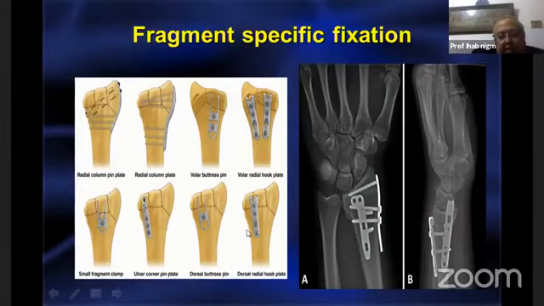And these are some examples also of the dorsally applied special implants. You have to have the full set when doing this fragment-specific fixation. This X-ray is showing distal radial fractures fixed with a lateral plate and a dorsal plate.